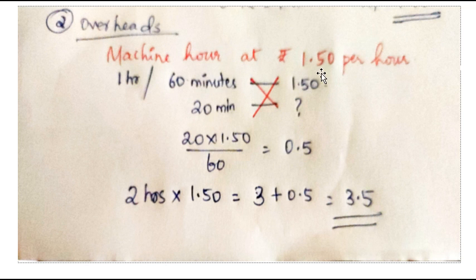So for 1 hour it is 1.50. The working time for setting up is 2 hours 20 minutes. So for 1 hour it is 1.50, for 2 hours it is 2 into 1.50, which will give you 3, and for that 20 minutes how much is the rate? 0.5. So 3 plus 0.5 will give you 3.50.